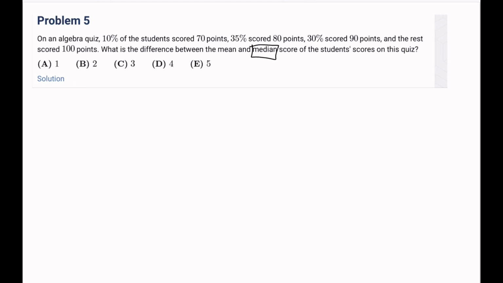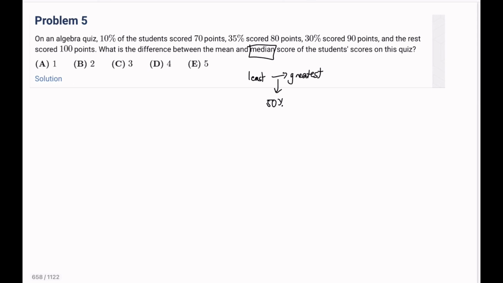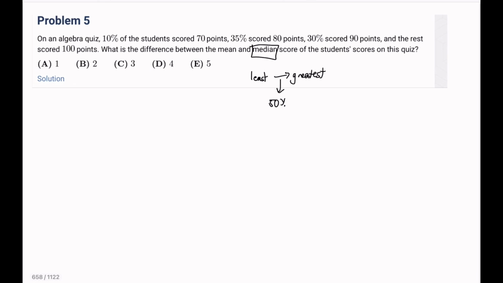Okay, so the median is from the least to the greatest, so it's asking where is the 50%, the half mark, and what is the score corresponding to that half mark. And so if we see 10% and 35% makes 45%, so the first 45% scored 80 points, and then after that 30% scored 90 points.